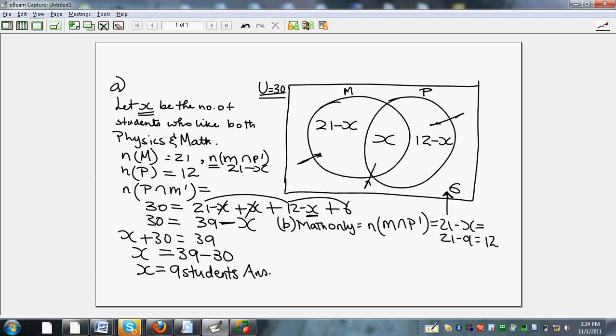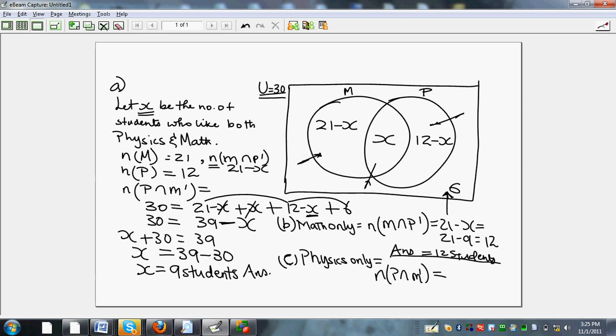And the last part was physics only. So part B answer was 12 students. And the last one, which is part C, where you have to find physics only. That would be equal to physics and not maths.